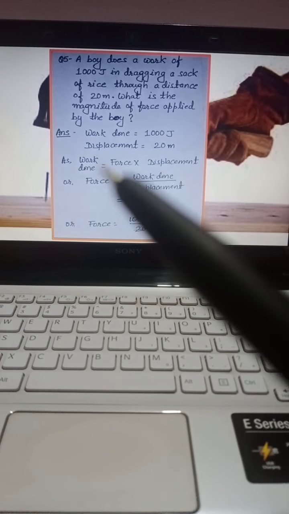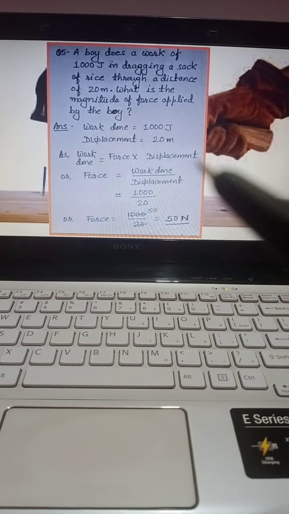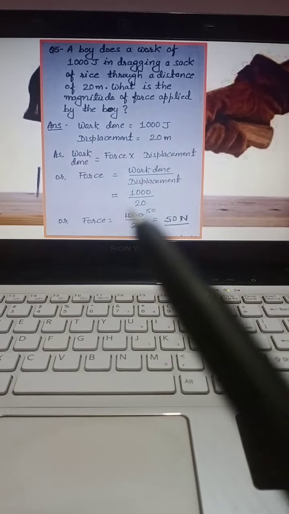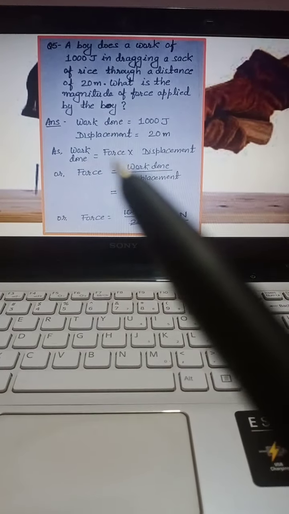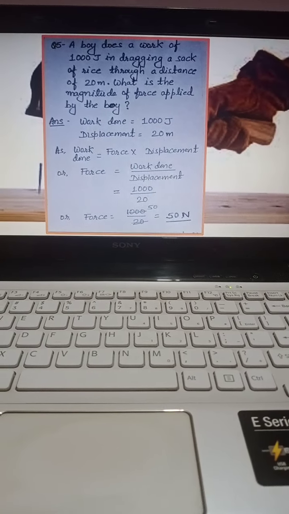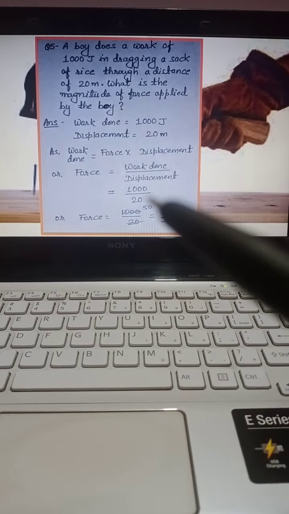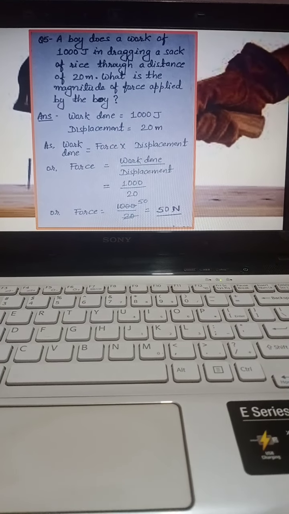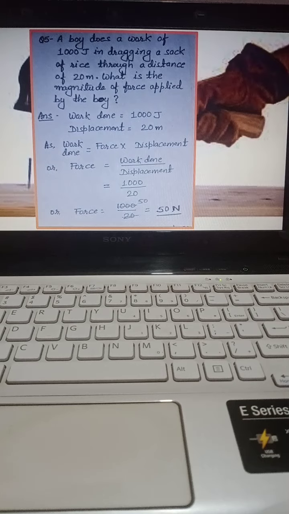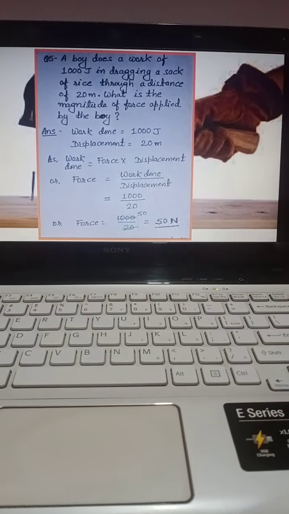Again we are going to use the formula work done is equal to force into displacement, or force is equal to work done by displacement. As work done is given 1000, displacement is 20 meter, so force is equal to 1000 by 20, which is 50 Newton.